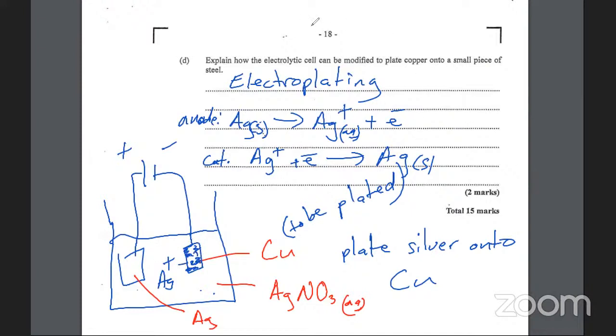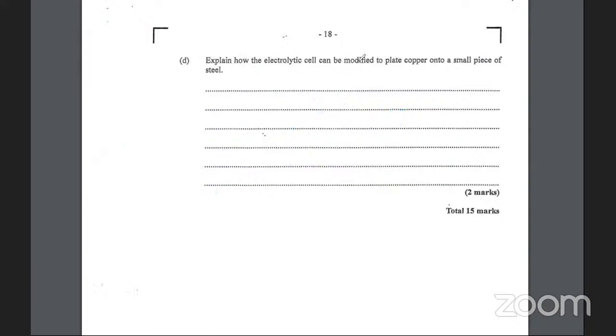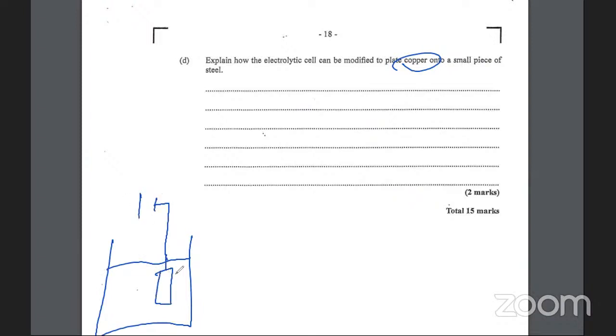Right? So, back to the question, explain how this cell can be modified to plate copper onto a small piece of steel. Very simple. The only modification needed is at the cathode, you will replace copper with steel.